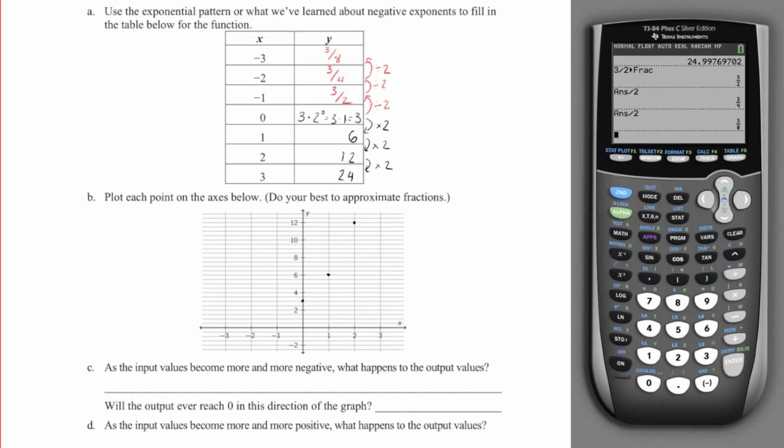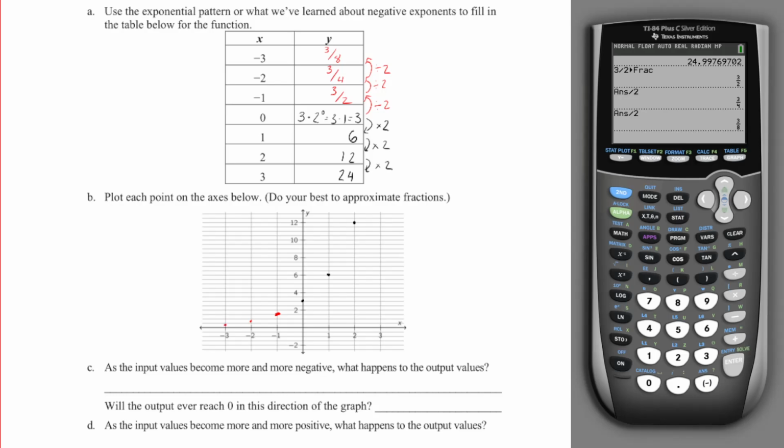Then my fractions: (-1, 3/2). That's on a tick mark still. (-1, 3/4), I'm just going to do my best. That's halfway between a half and 1. And then (-1, 3/8), that's a little bit less than a half.